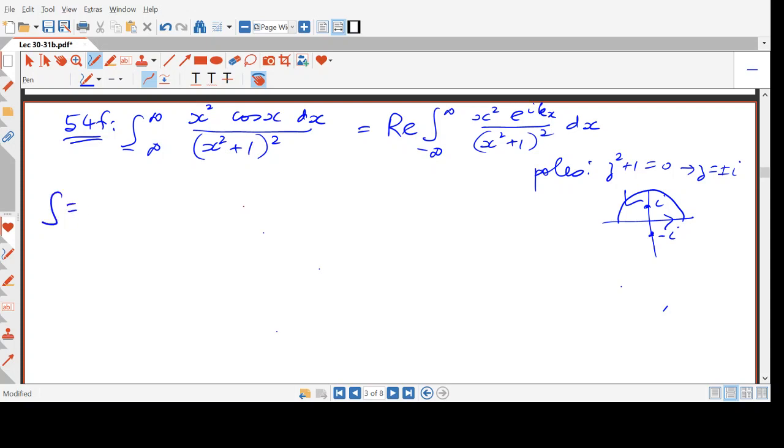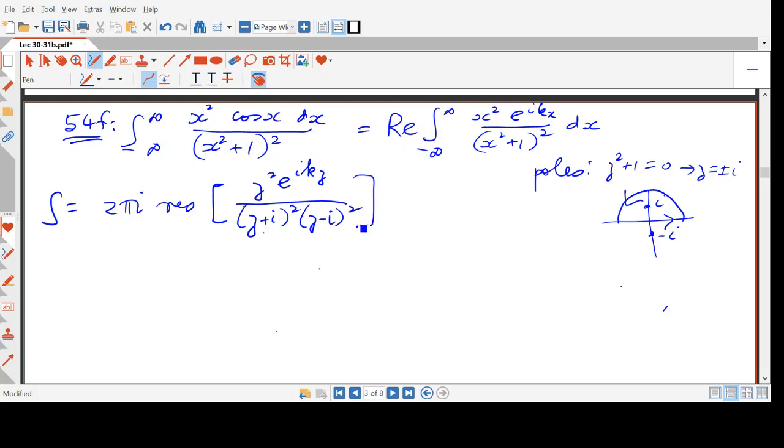So the integral is actually 2 pi i times the residue of z squared e to the ikz, all upon, so there are many ways to do this. You can say this is z plus i squared into z minus i squared, and you want the residue at z equals i.